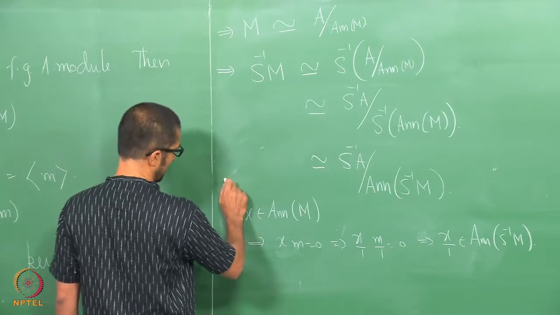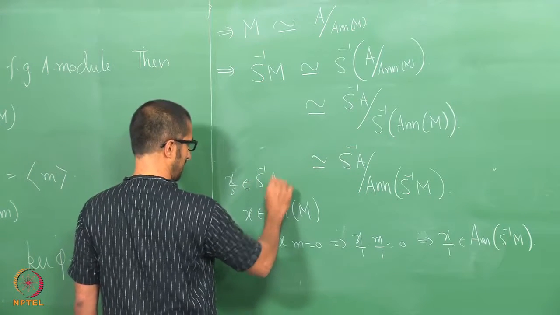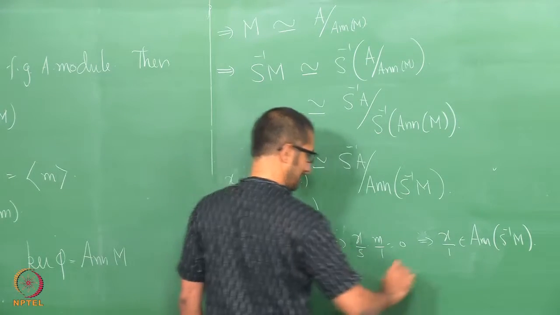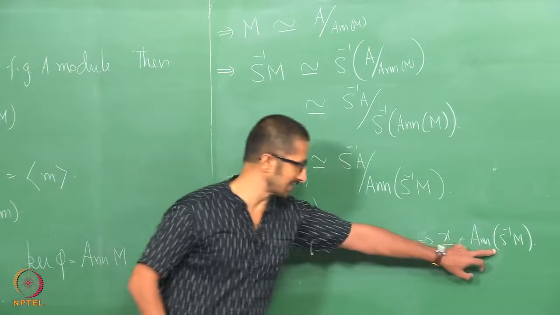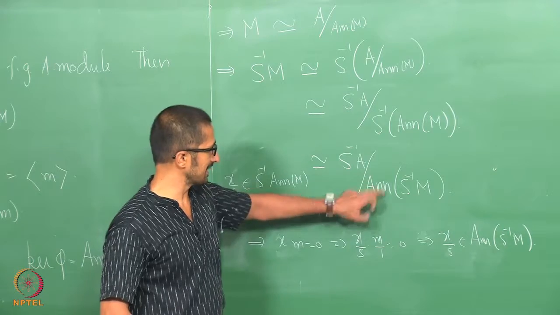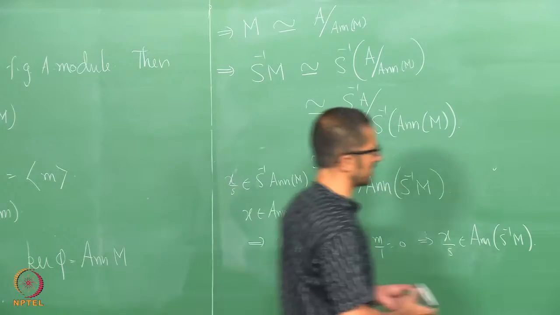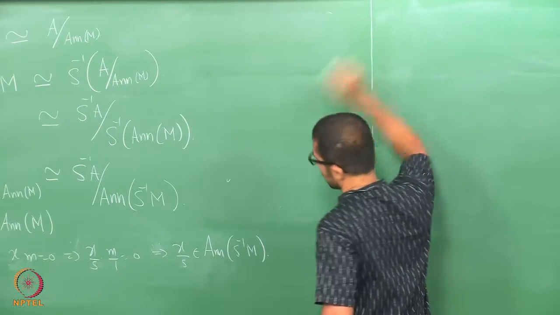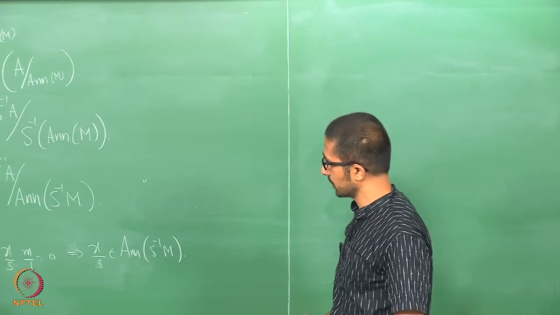Okay. So, if I take x by s in S inverse of annihilator of m, this would imply this x by s is here. So, this is contained here, and this isomorphism says that these two have to be equal, otherwise this modulo this will be non-zero. So, okay, we proved this for M a cyclic module.